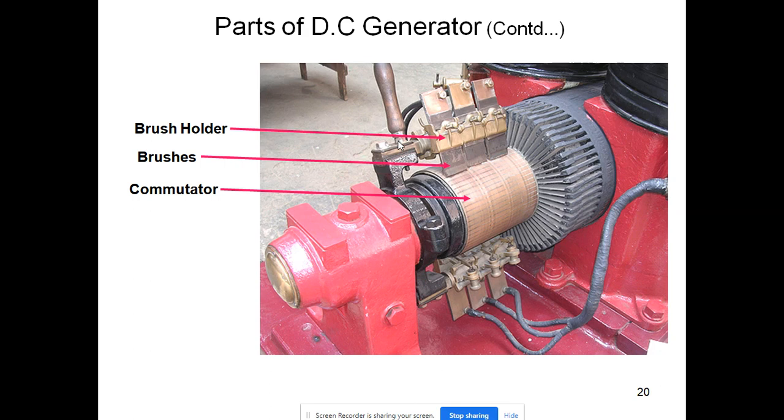Here we can see clearly the commutator, brush holders, and brushes. This type of machine is at GPT Warangal, Government Polytechnic Warangal. We can see this machine in Warangal.